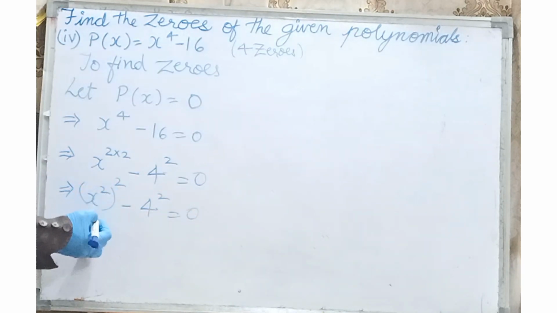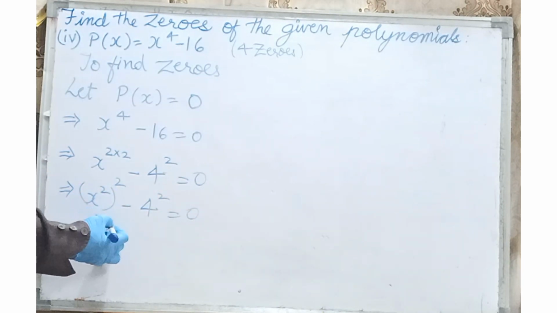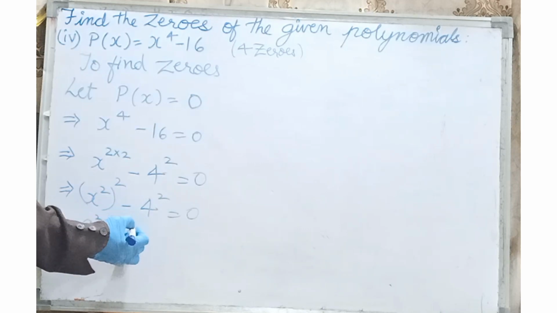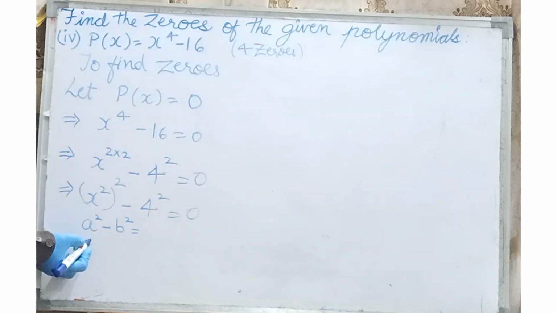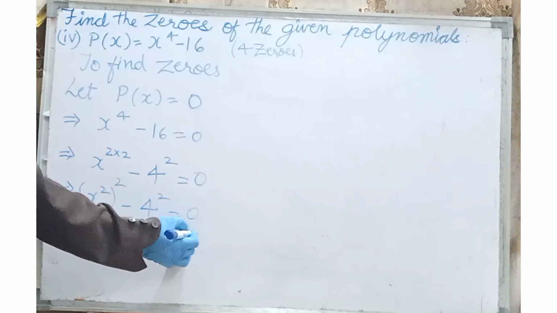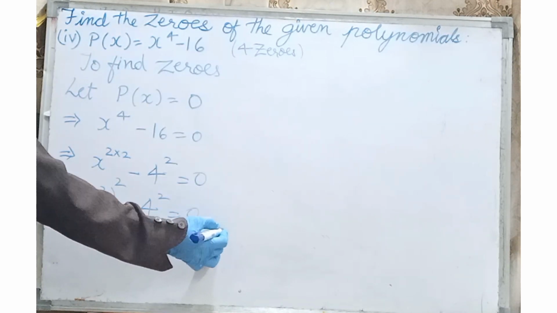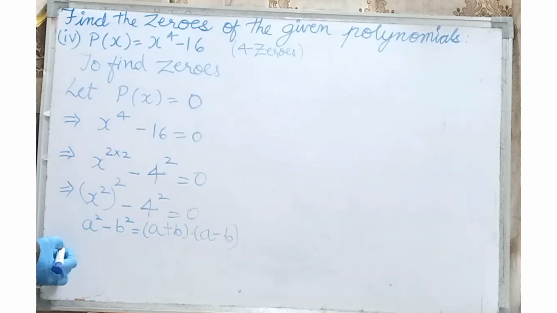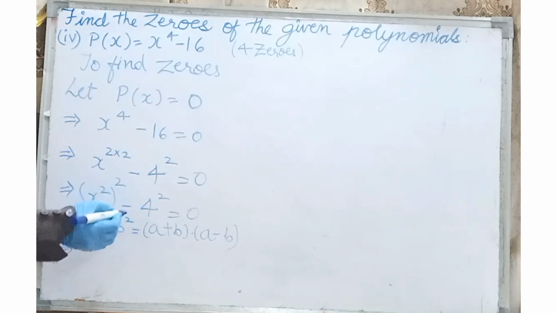So now it is of the form a square minus b square, which is equal to what? (a plus b) into (a minus b). So where, what is a? a is x square, and what is b? 4.